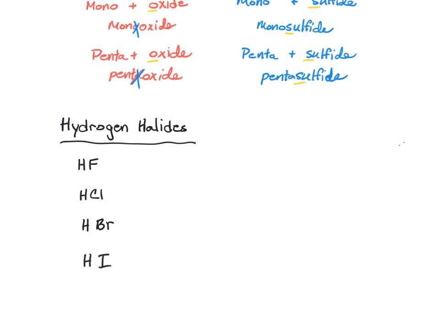Assuming that these are all in their natural state, HF is going to be a gas. HCl is going to be a gas. HBr is going to be a liquid, as is HI. Actually, no, these are all going to be gases.